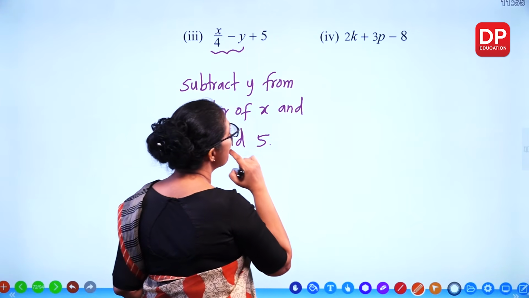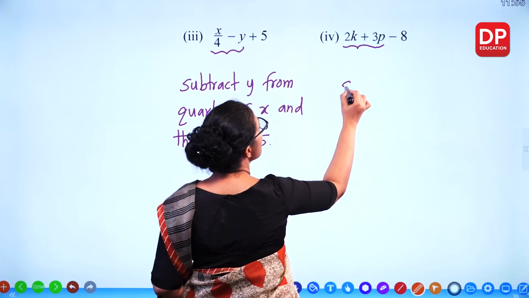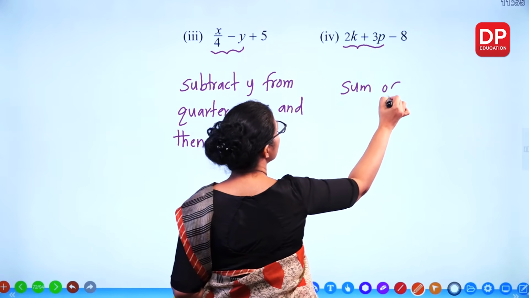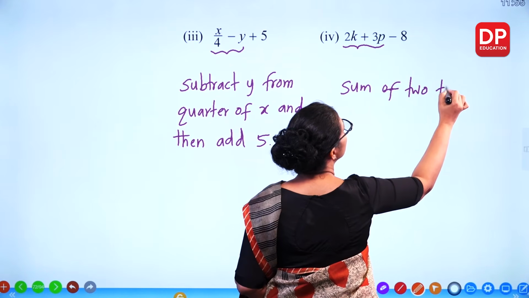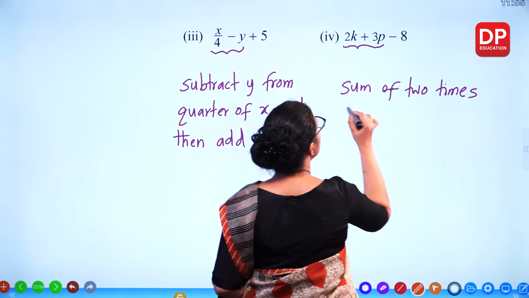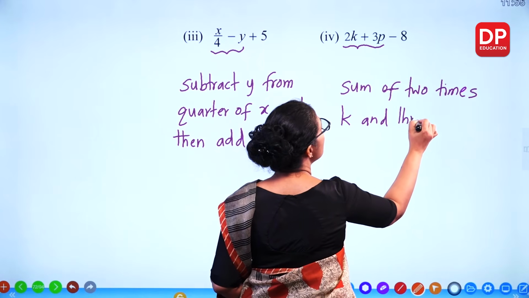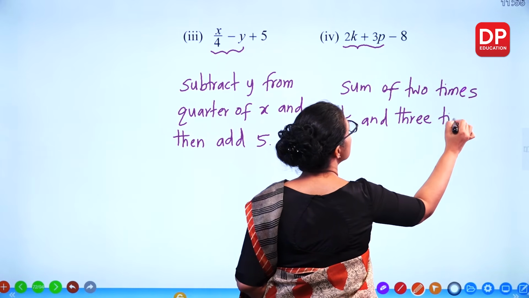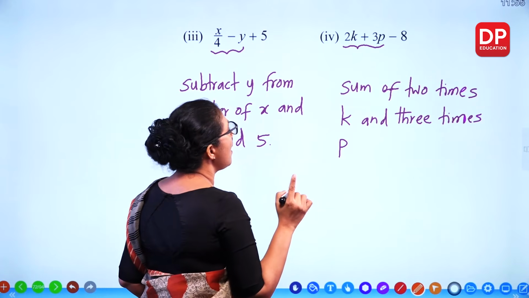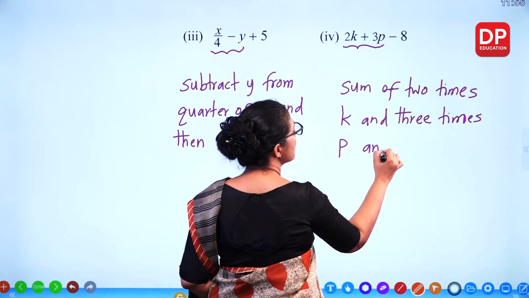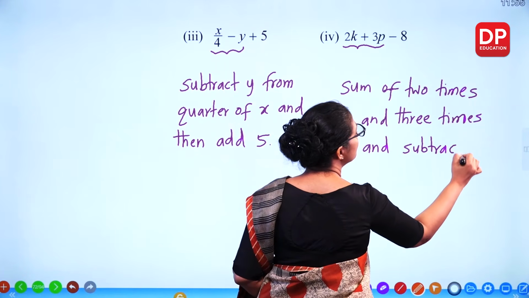This one, we'll take these two. Sum of 2 times K and 3 times P, and subtract 8.